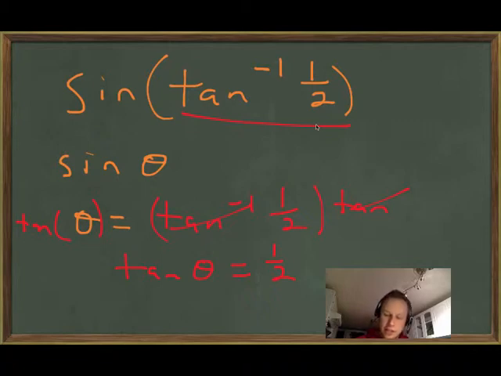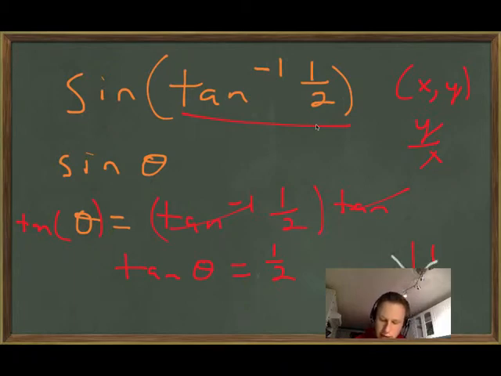Now, since tangent equals a half, we know that our slope is going to be positive, because if we have x, y, our tangent is y over x. So this is either going to be in quadrant 1 or quadrant 3, because the slope there is positive, and the slope here is also positive.